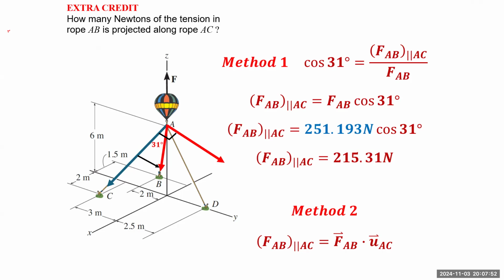You get the value of the force times the unit vector. I think we may have used this one in class before, not necessarily this one, but it's the same thing. So you will get that result.